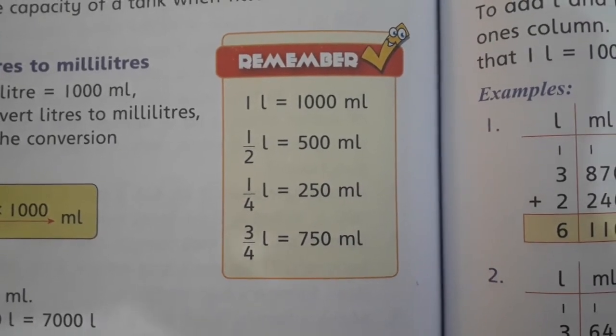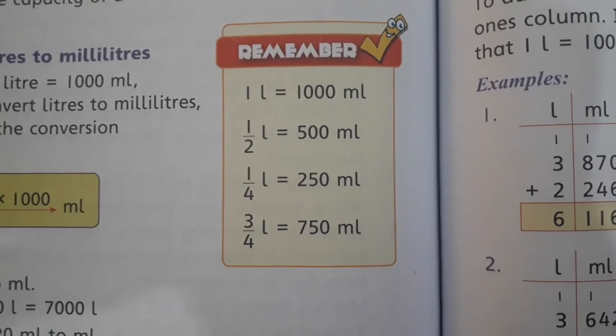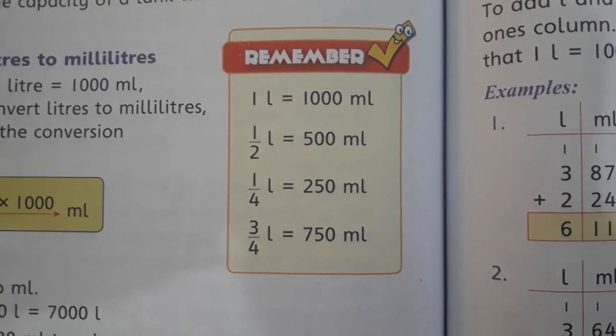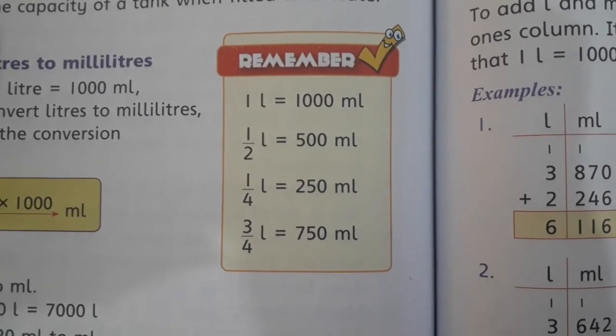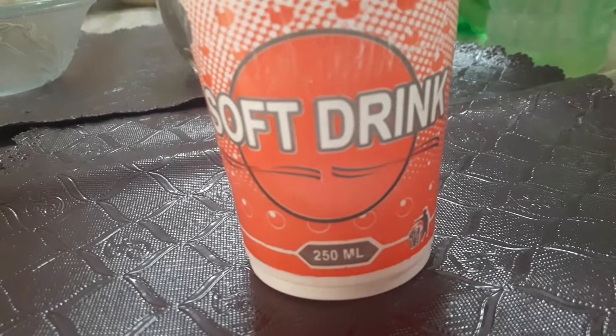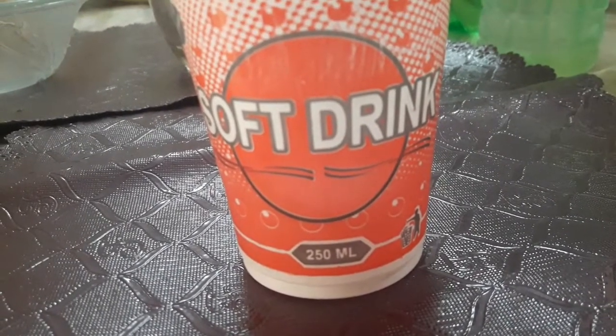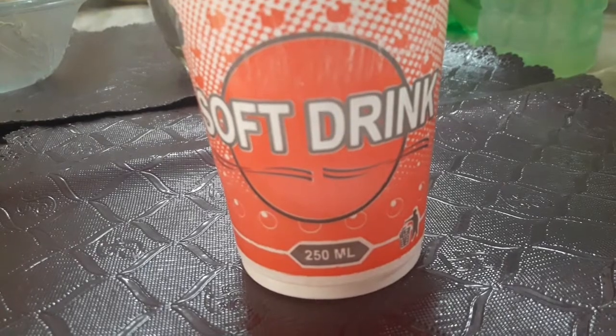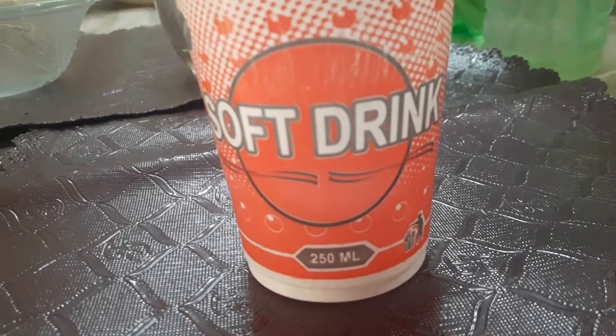Now let's see what these liters and milliliters are. First of all, we will see what 1 liter is. Students, do you know that one common glass of water holds 250 ml?